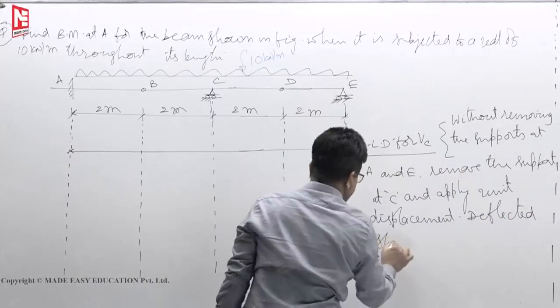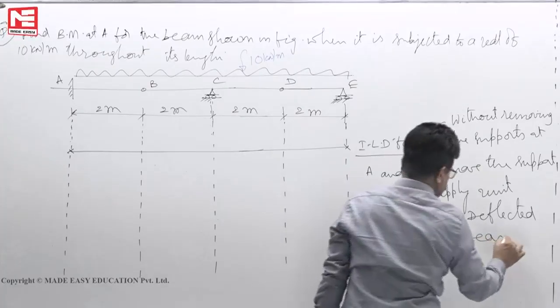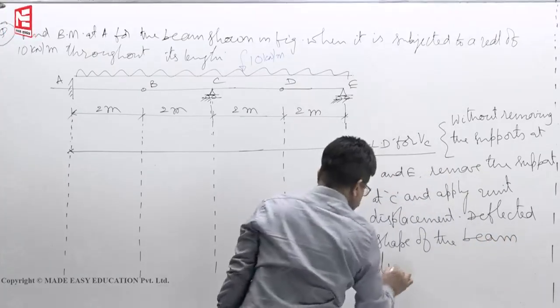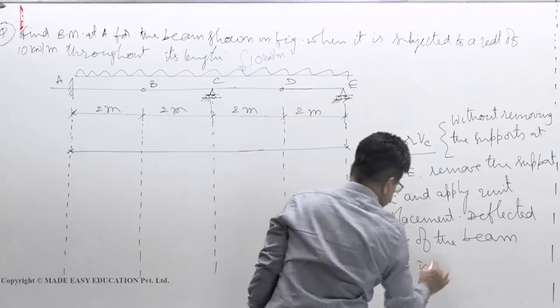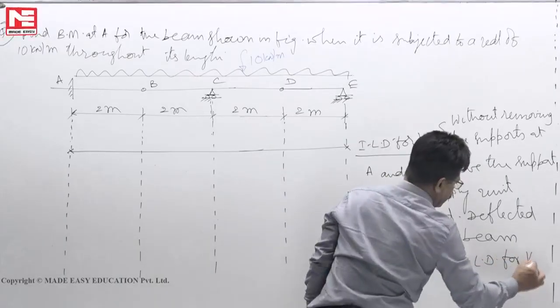The deflected shape of the beam itself is the ILD for vertical reaction at C.